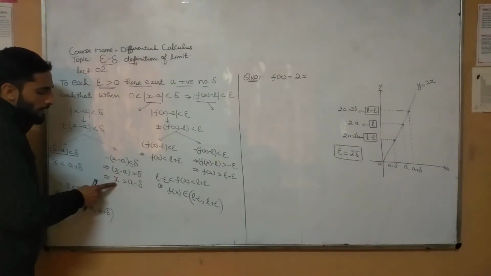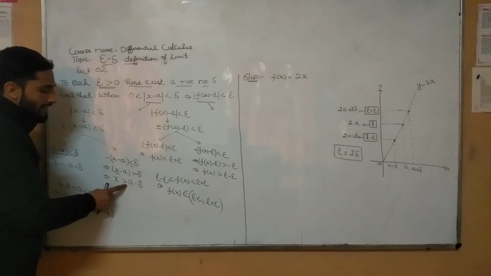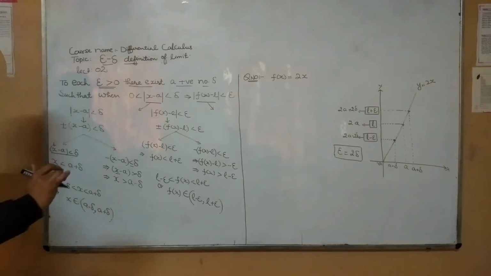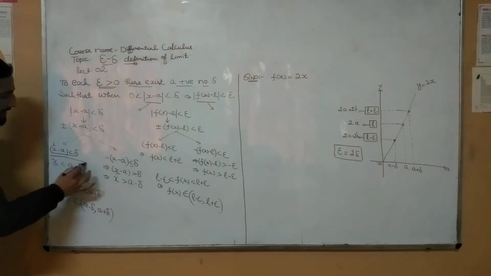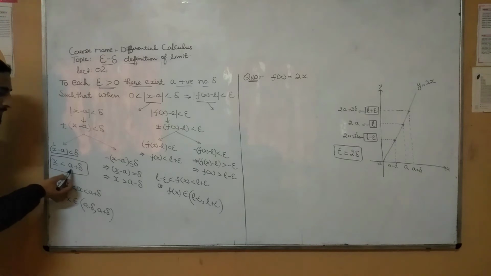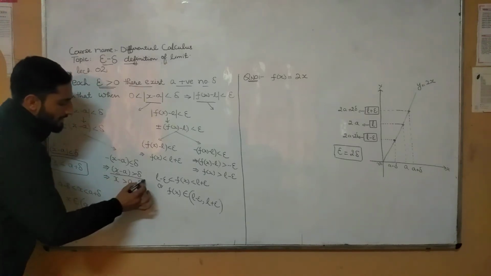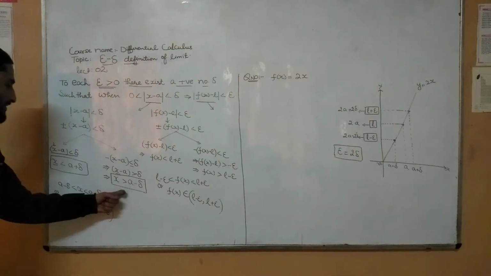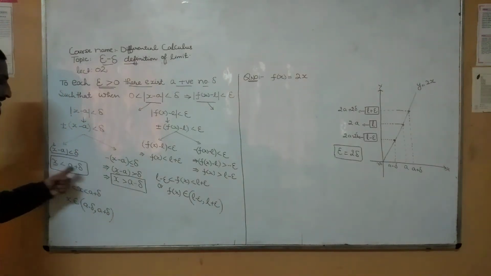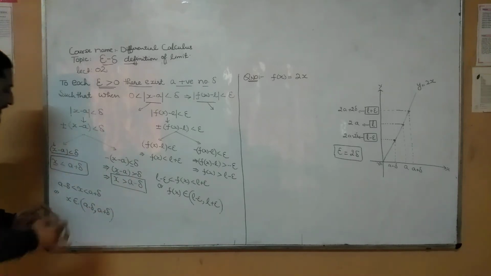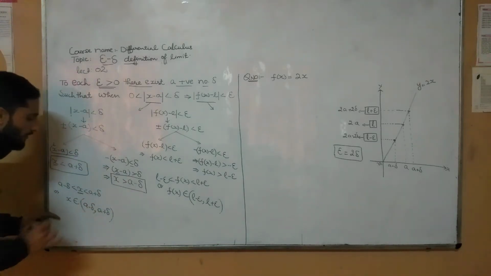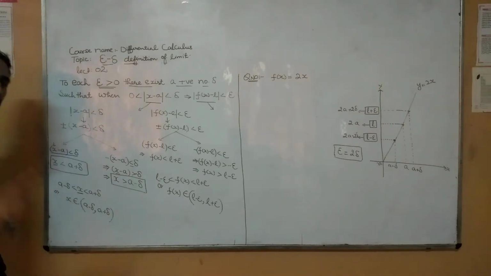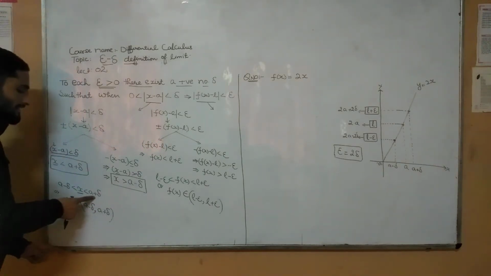So we get x greater than a minus delta. Now in short we get x less than a plus delta and x greater than a minus delta. What is the meaning of this? Simply, the value of x is greater than a minus delta and less than a plus delta.